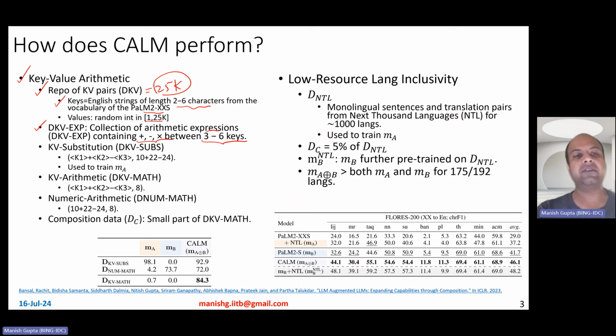And then they created three different interesting subsets. First, DKV substitution, which tries to map the key value pair expression to a numeric expression. It doesn't solve it, it just learns mappings. This is the dataset used to train MA.